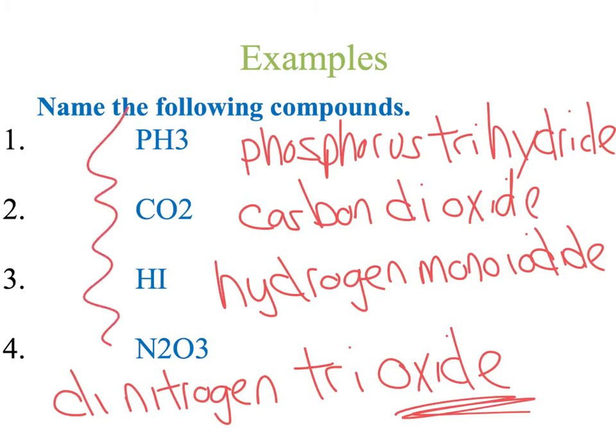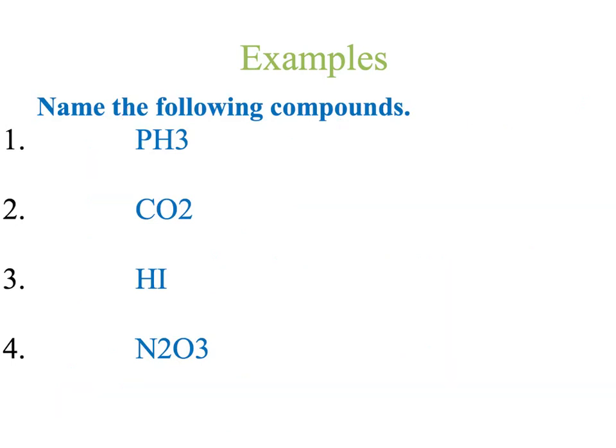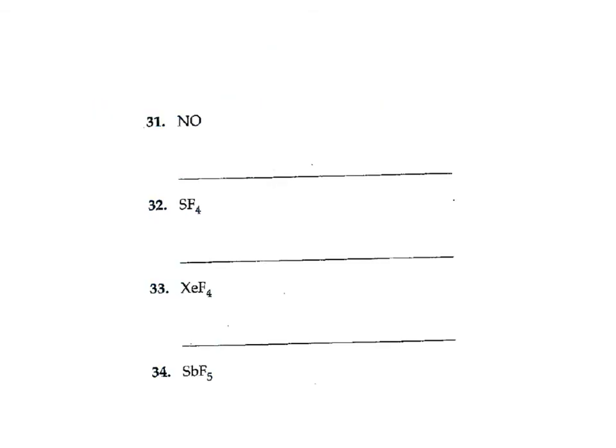My apologies that my subscripts didn't come up when I went from PowerPoint into this program. If you download the PowerPoint from the website, your subscripts are going to show up properly there. On your worksheet, for your homework, you're going to do the same thing.